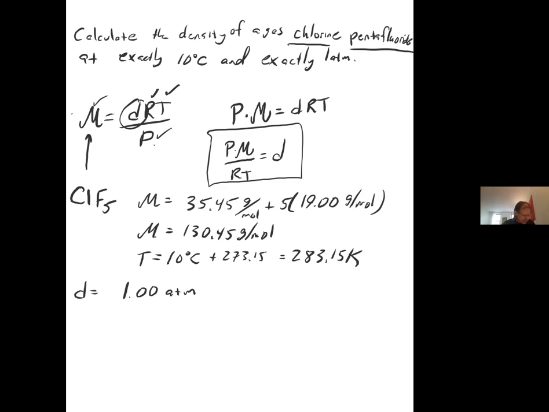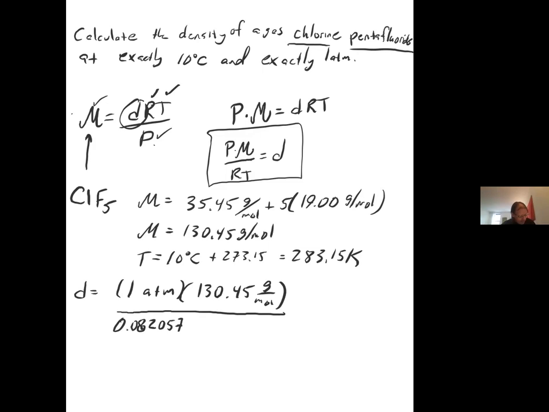Actually, they say exactly 1 atmosphere, so I don't need to write 1.00. So there's your pressure. Molar mass is 130.45 grams per mole. And then your R value, 0.082057 atmosphere liters per kelvin mole.